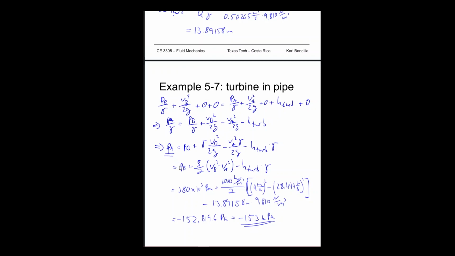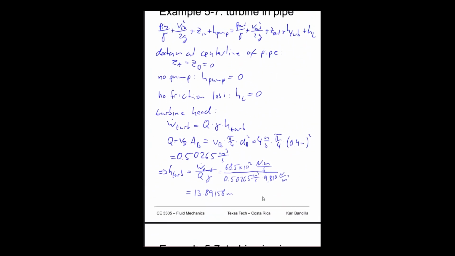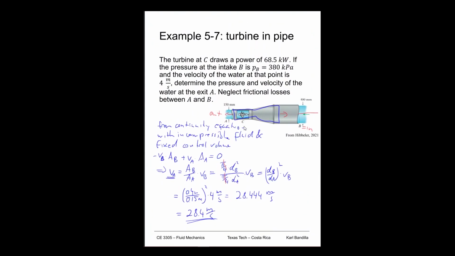That means we're actually below atmospheric pressure there, so we'll have a negative pressure at A. All right, so now we have our pressure and our velocity, and I think that's what we were asked for. We were asked to find the pressure and the velocity, so we used the continuity equation and the energy equation to find those two values.